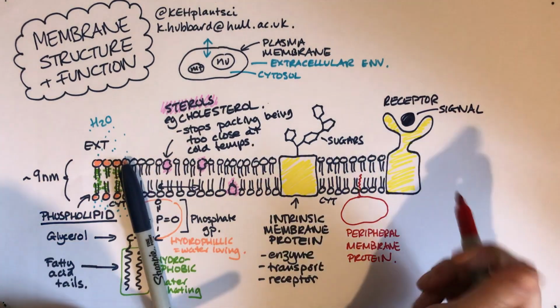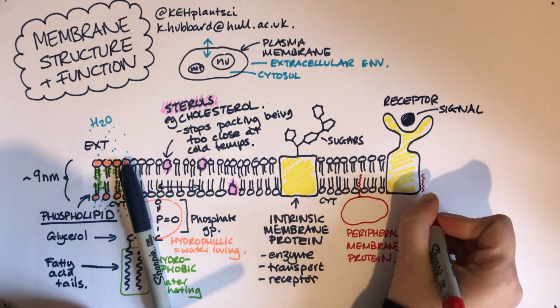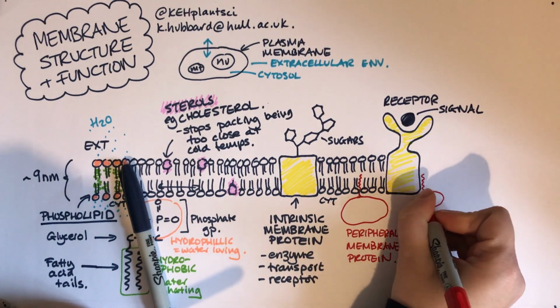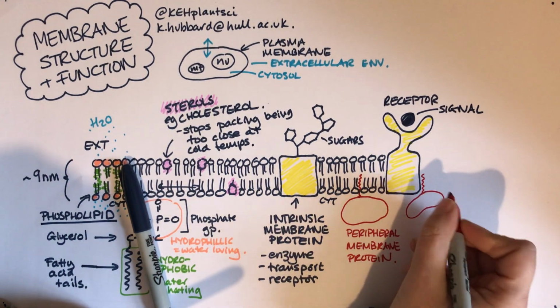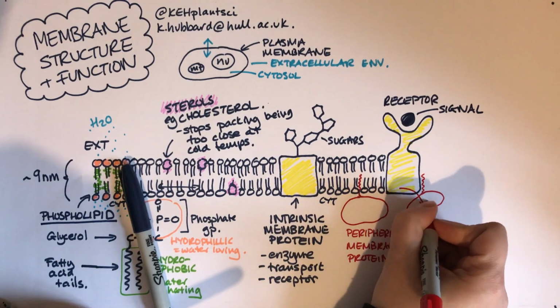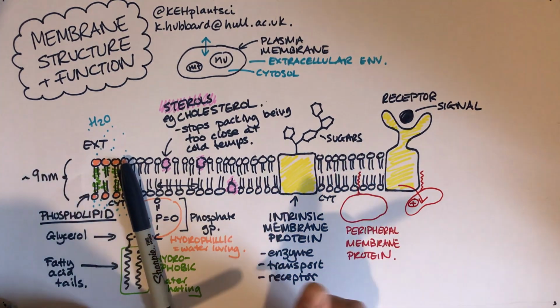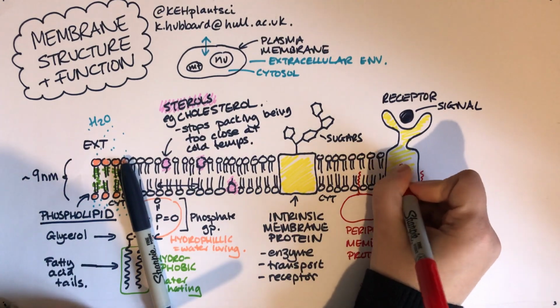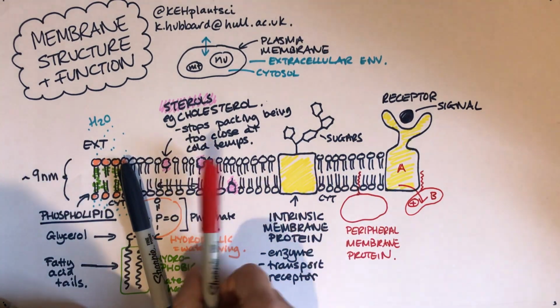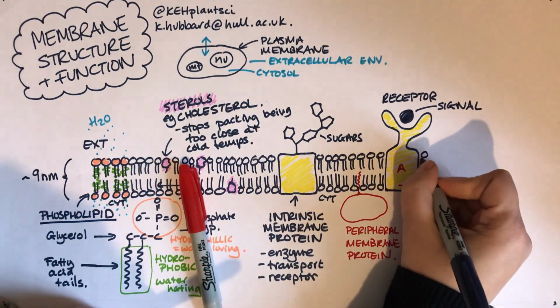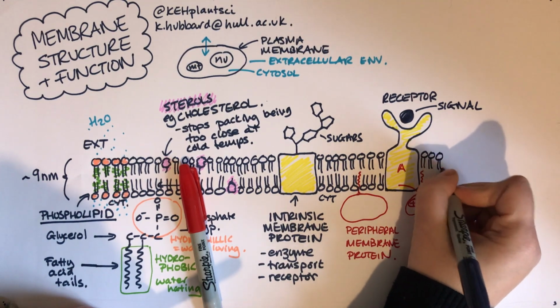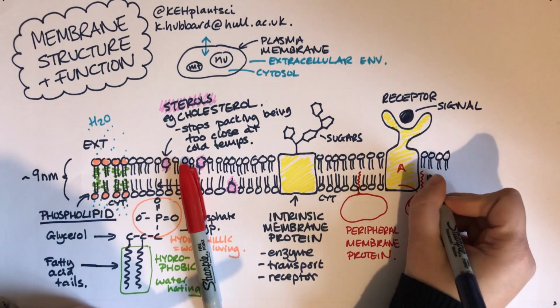That might then have a peripheral protein right next to it, and the intrinsic protein might activate the peripheral membrane protein. So let's call this protein A, this is protein B. A, when the signal binds, activates B.